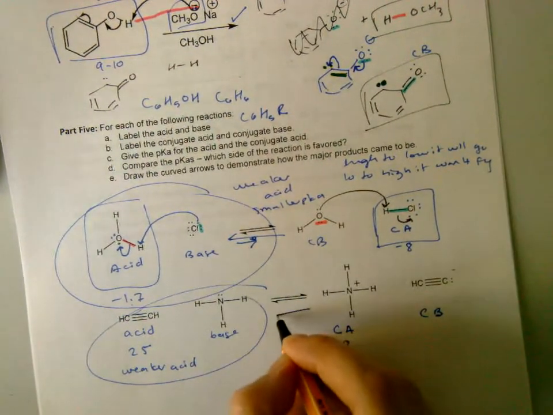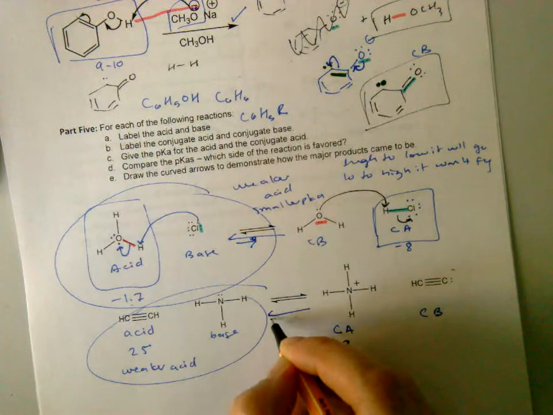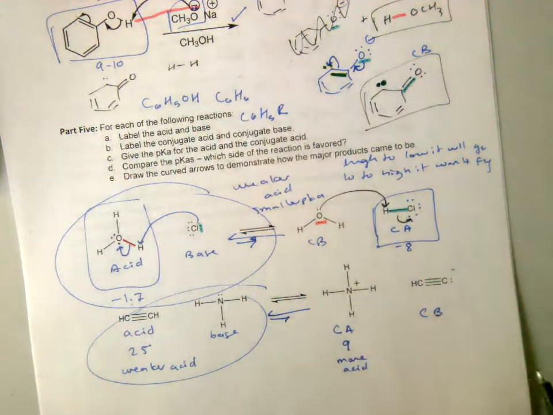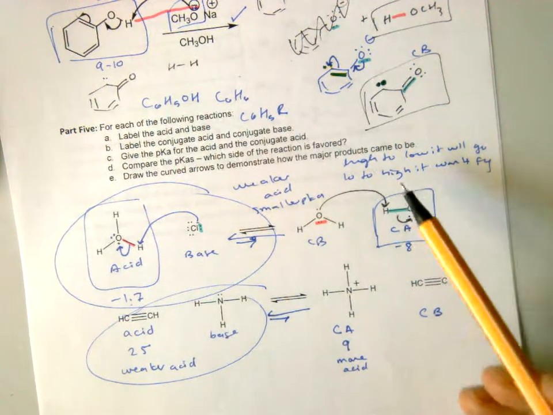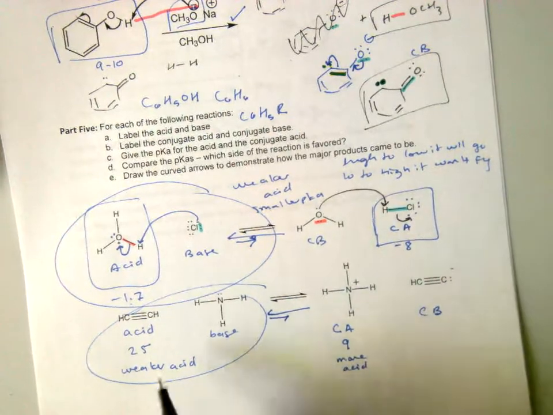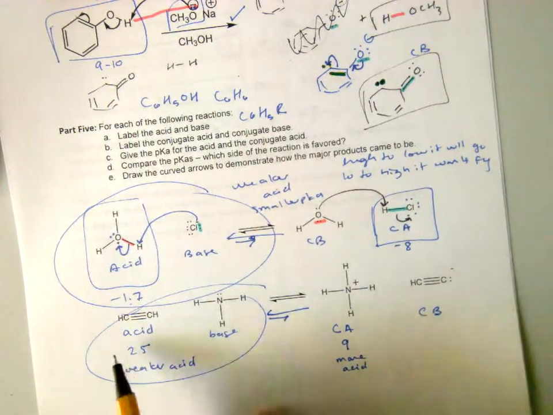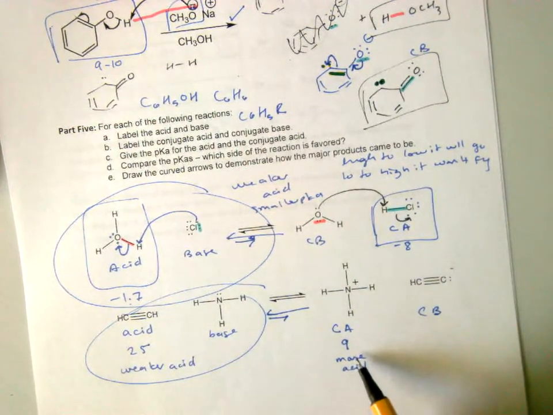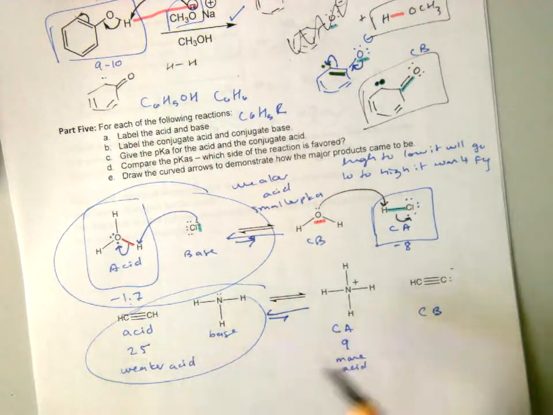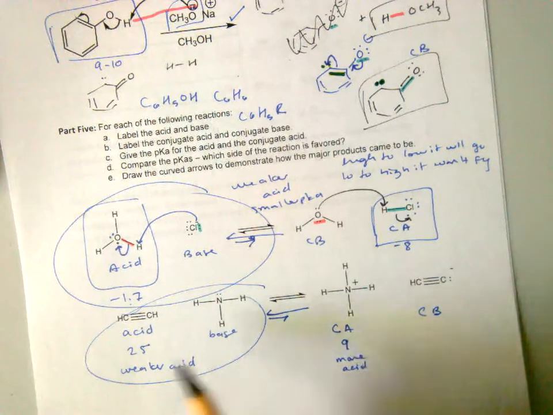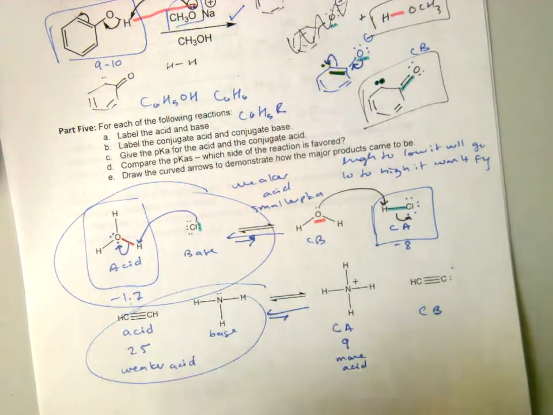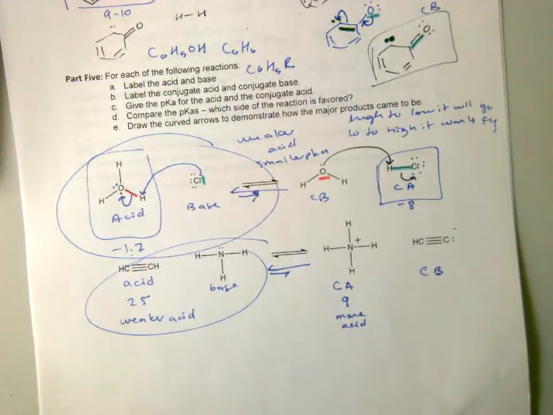So the proper arrows would be like this with just a little bit going back this way. And if you want to think of the high to low, it won't go. So 25 to 9, high to low, it's not going to go that way. Larger number to smaller number. But low to high, smaller number to larger number, it will go because it wants that weaker acid.